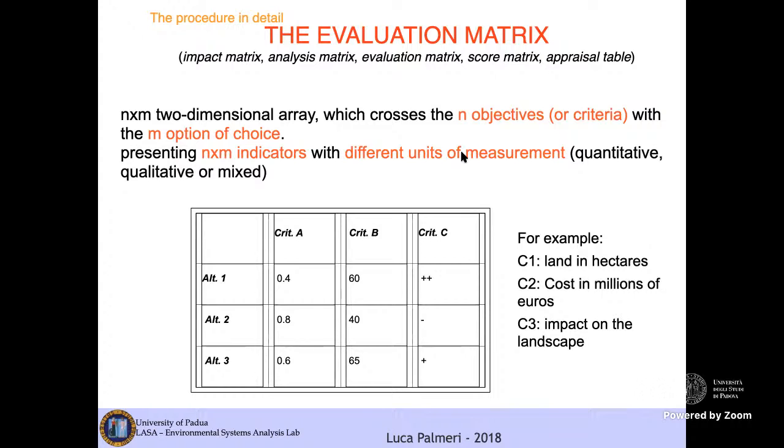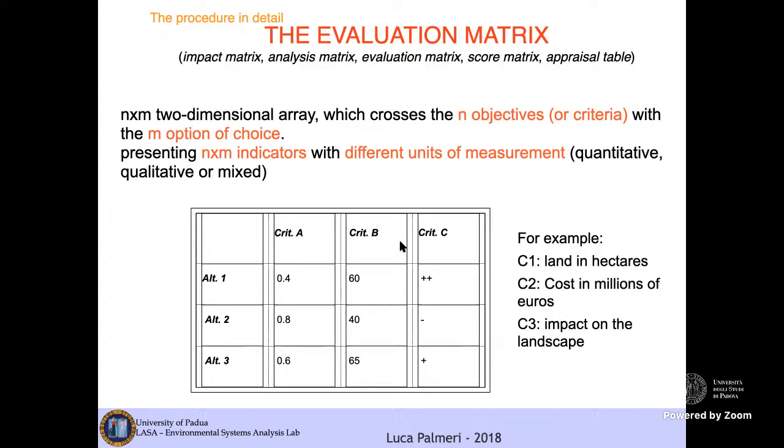A third criterion may be that of impacts on the landscape, and so on. So you see, in the evaluation matrix, we may include all different types of criteria. I gave you a very heterogeneous example, for example, hectares, costs, or impact on the landscape.